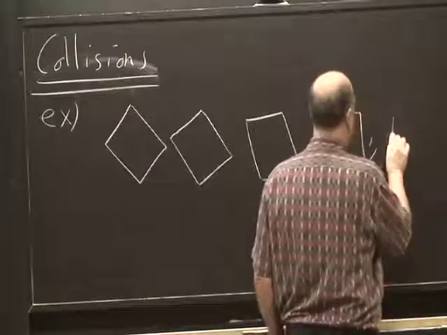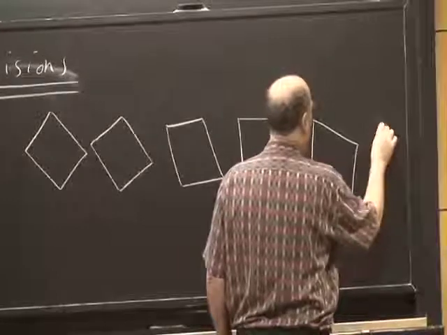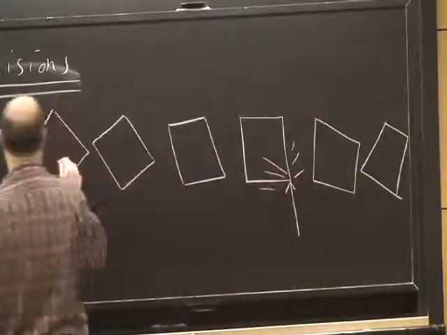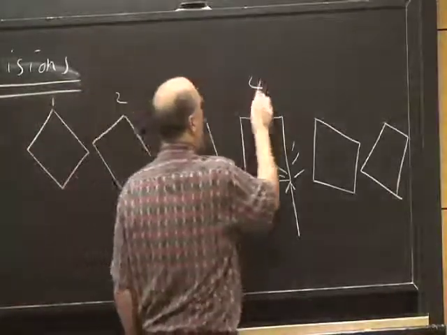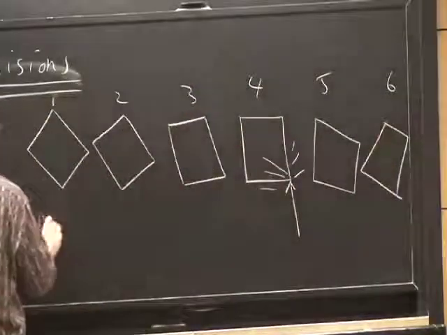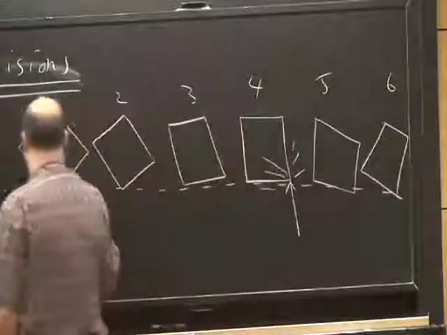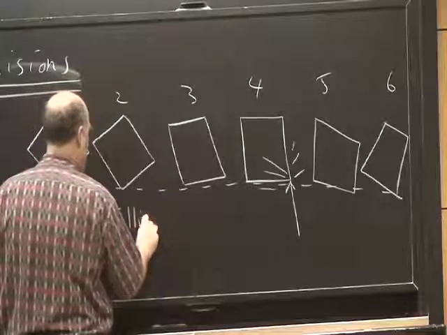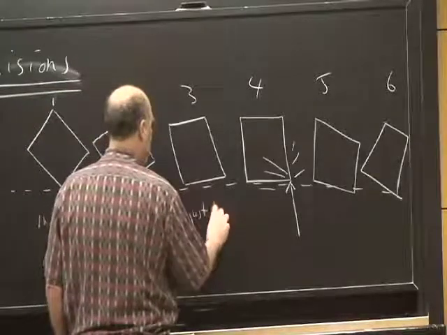Then it's going to be rising up. And then it's going to be in its top position. So we have the sequence of states, which I'll call 1, 2, 3, 4, 5, 6. And this is going to be the initial condition. Then we're going to have falling. Then we're going to have just before collision.